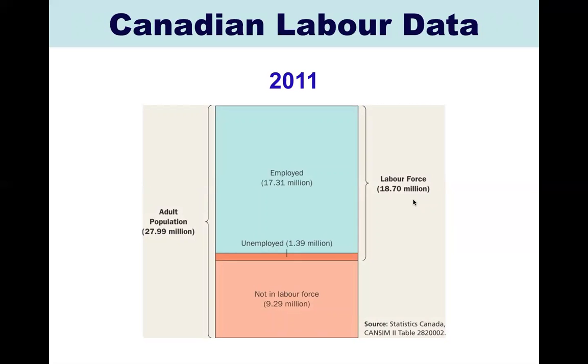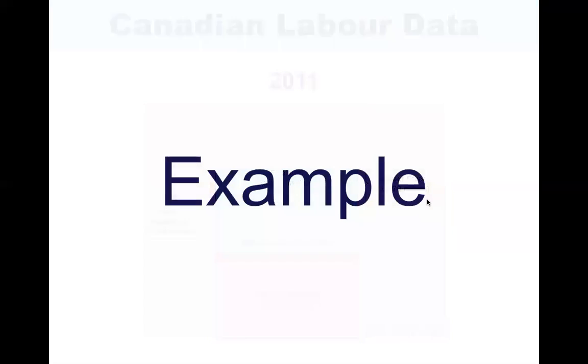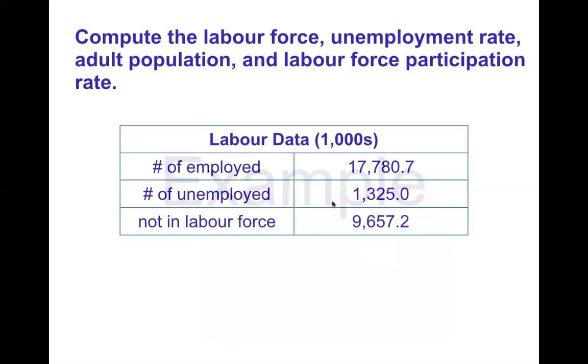So from this, of course, we can get our labor force participation rate more accurately, as well as our unemployment rate. Let's do an example using some fictitious, if we will, or some hypothetical data. From the data that we have here, we need to compute the labor force, the unemployment rate, the adult population, and the labor force participation rate. Now, I should say it does not matter which order you actually do these questions.